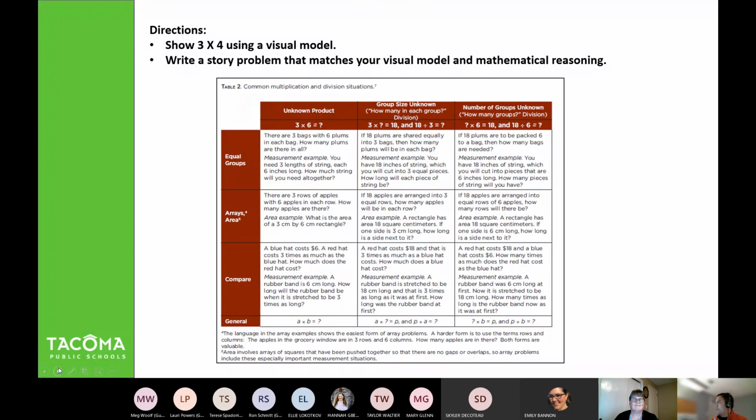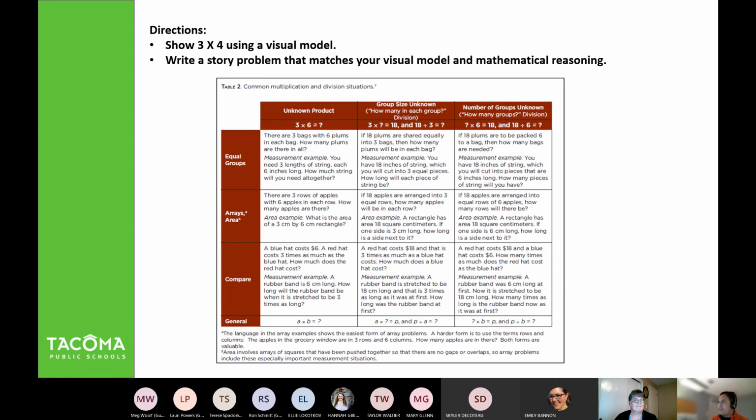I want to call out that in those visuals that you were looking at, we were looking at the different situations that show the meanings of multiplication and division. I believe it's page 2 or 3 of your document that this table lays out, and it's from the Common Core State Standards, that lays out what those meanings of multiplication should mean, also considering that the unknown can be in different places, and that's something else that students need to make sense of.